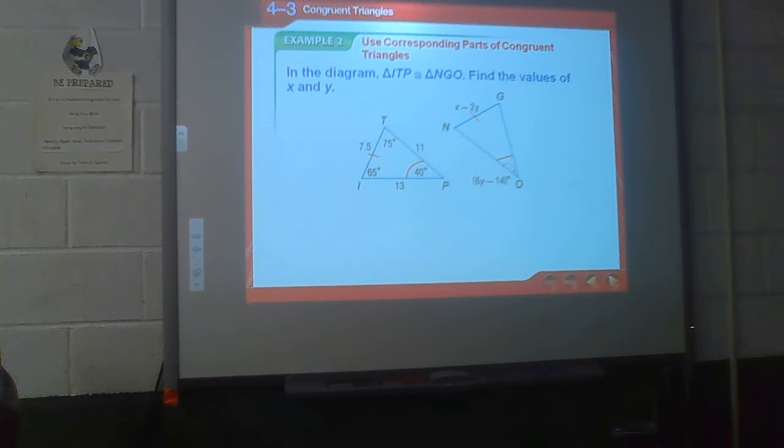All right, so how do I find X and Y? What do I need to compare my X to? Notice this one right here has both an X and a Y. Can I realistically start with that? No, because it has 2 variables. So I have to find my 1 variable, which is down here. What am I going to take 6y minus 14 and set it equal to? 40, because it's in the same spot, right?